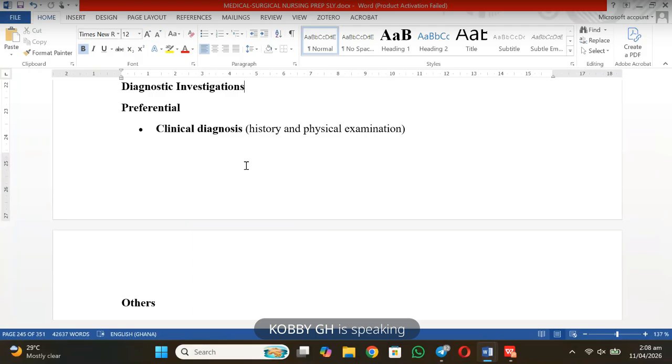You see that with most of the other systems that we've learned, usually there is a preferential diagnosis, which is a particular diagnostic test. When it comes to integumentary system conditions, usually we use the clinical diagnosis. When we say clinical diagnosis, we are talking about either history taking or physical assessment.